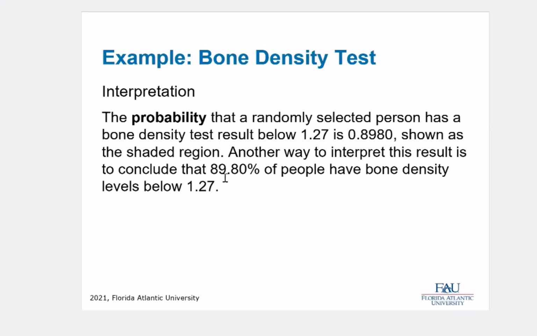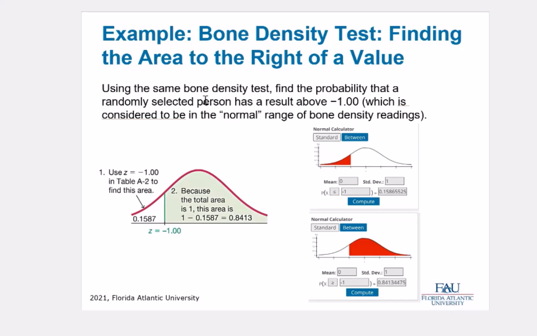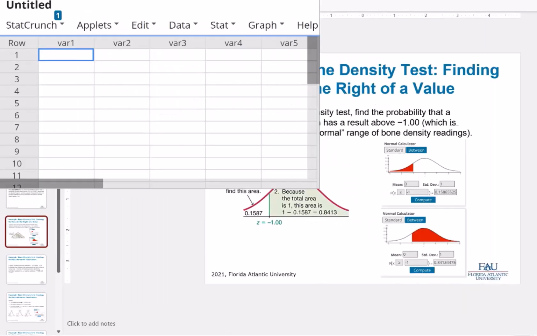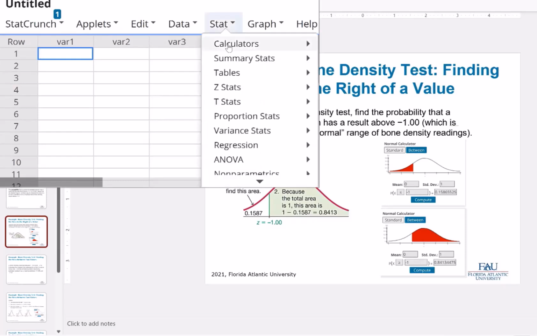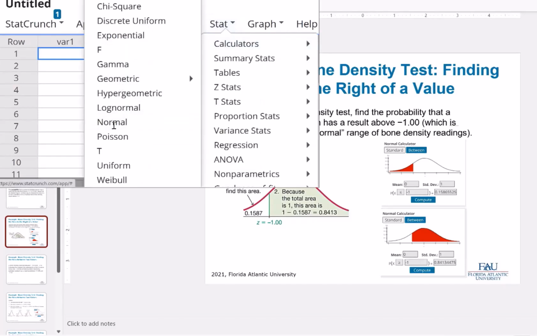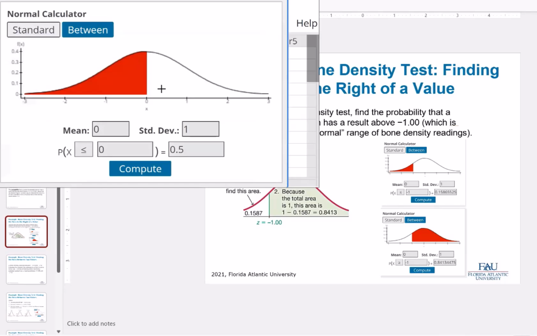That was all we had to do, is go into StatCrunch, go into calculator, stat, normal, and it gave us everything we needed. Use the same information, but we want to find the probability that a randomly selected person has a result above -1. Stat, calculators, normal. And we can really put in whatever we want.